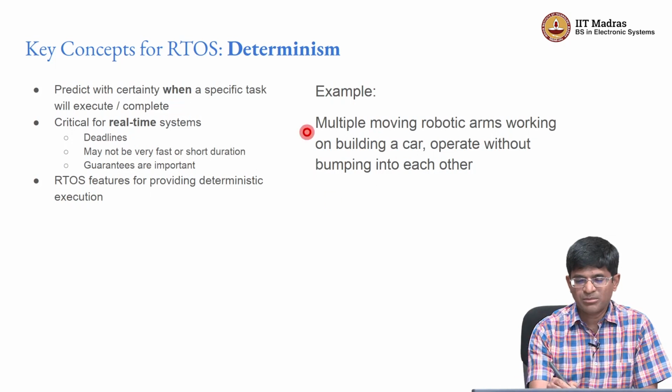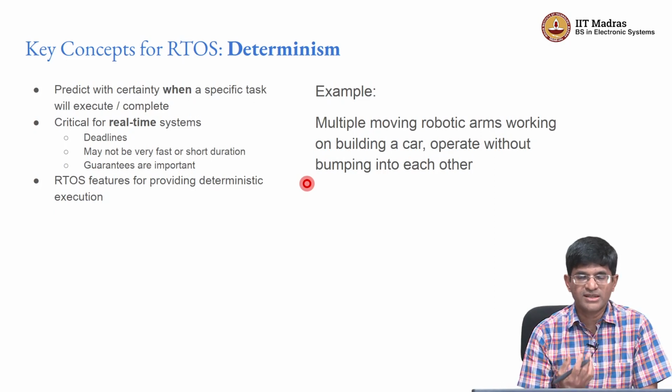A very interesting example of this, some of you may have seen videos of multiple robots working on a single car, and you might have noticed how it's almost like a dance. The different arms of the robots move around in such a way that they are actually swinging from one side of the vehicle to another, but they all ensure that they get the right path to the right place at the right point in time.